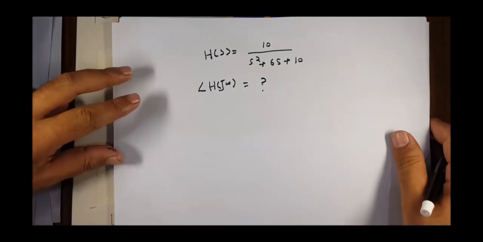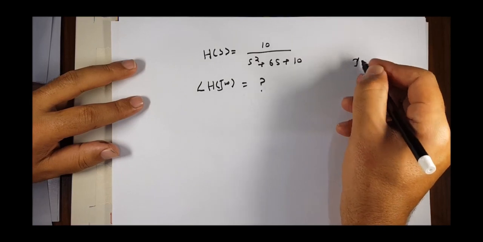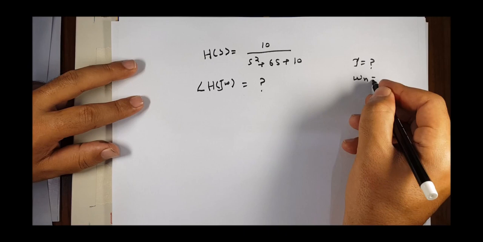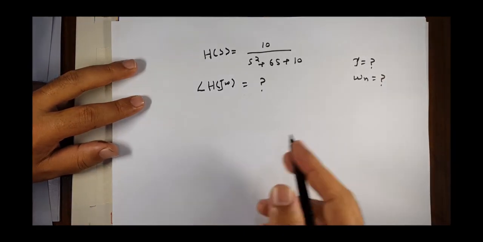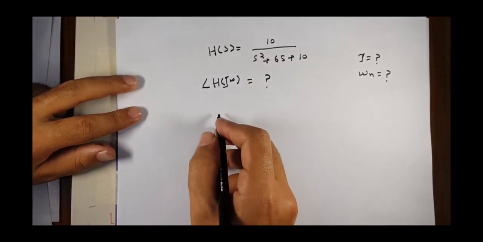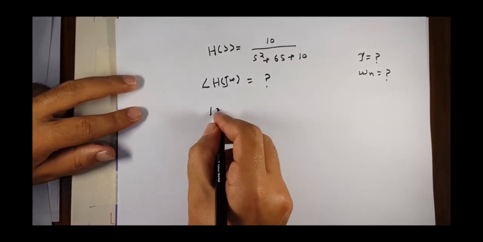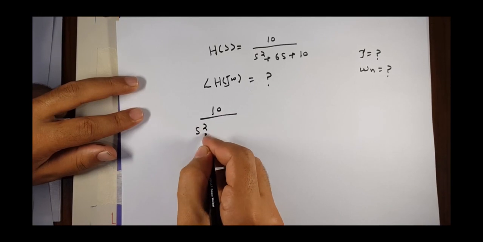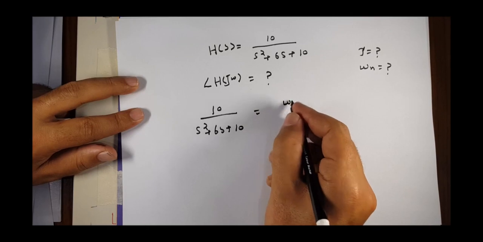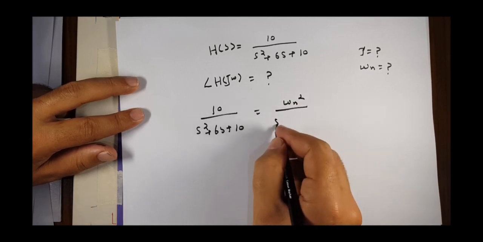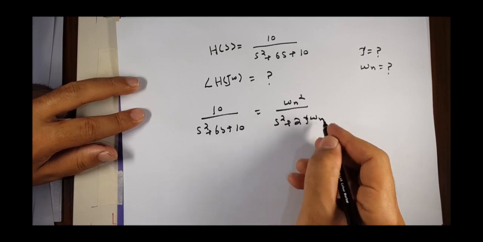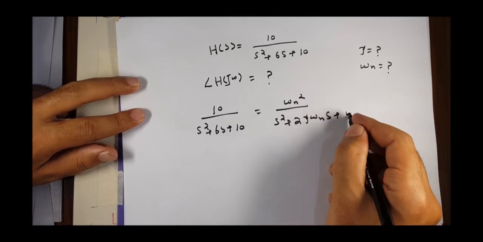So you simply need to find out what will be the value of zeta here, and what will be the value of omega n. You just need to find those two values. How you find these two values is you compare this 10 over s square plus 6s plus 10 with your standard equation, omega n square over s square plus 2 zeta omega n s plus omega n square.